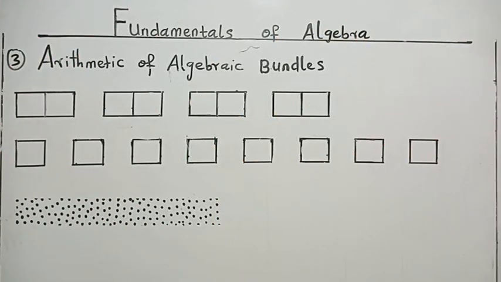That takes us to the third lesson objective of this lesson, and that is arithmetic of bundles. In this section, I seek to explain how to carry out arithmetic operations with numbers, even unknown ones. Let us now turn our attention to objective number 3, and that is arithmetic of algebraic bundles.